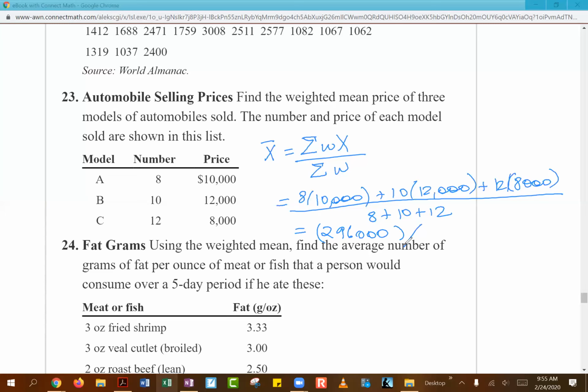And what's our denominator? 30. All righty. So what does that weighted mean look like? 5,866. Okay, and since this is a dollar amount, what's our change? 67 cents. Very good. So this is actually going to be your weighted mean. Did everybody get that number?